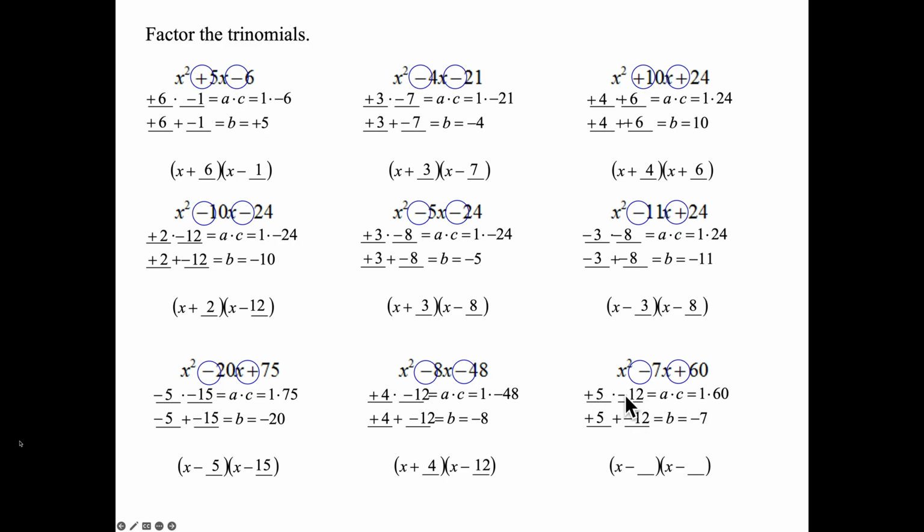No, that can't work. It has to add up to be 7, not subtract to be 7. Yes, it makes this statement true, but a positive 5 times a negative 12 is a negative 60, and we have a positive 60. So it doesn't make this one true. So that's not going to work out. We call this prime. If we can't find the numbers, it is prime. We cannot factor it.